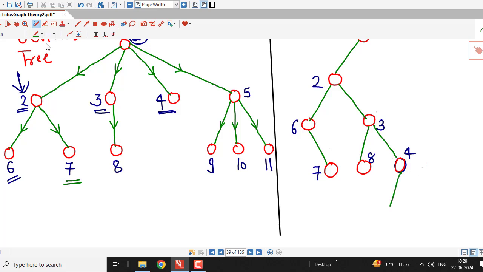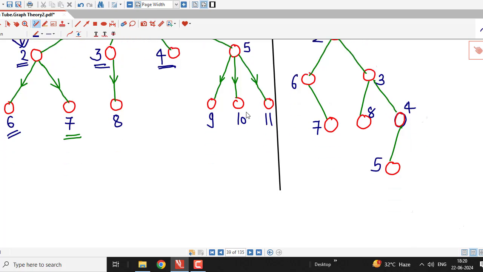So I can use this type of directions. So suppose I consider 5 here, and 4 has no leftmost child here, and 5 is the right sibling of 4 in general tree. Now what about left child of 5 in binary tree?